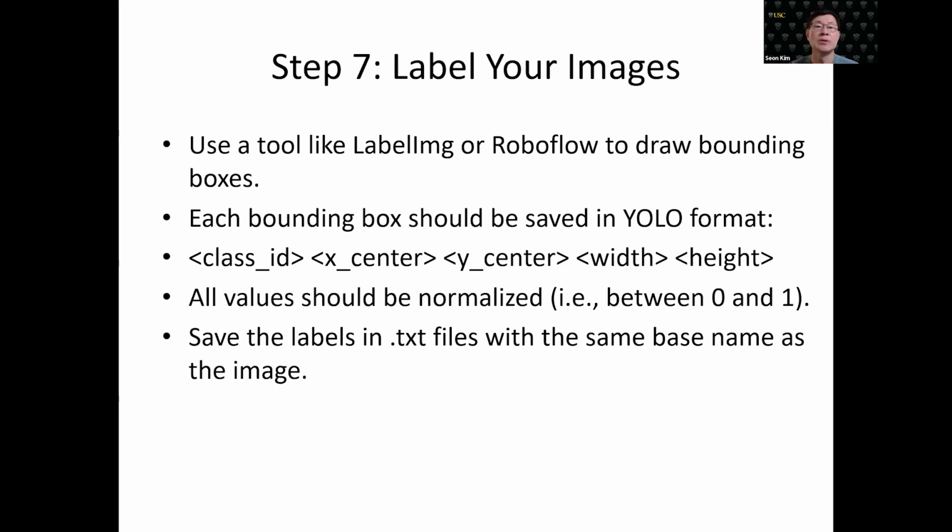So it's confusing. So many times, we are using normalized values between 0 and 1. All right, that is way more convenient. So these are saved in the text file, with the same name as the images.